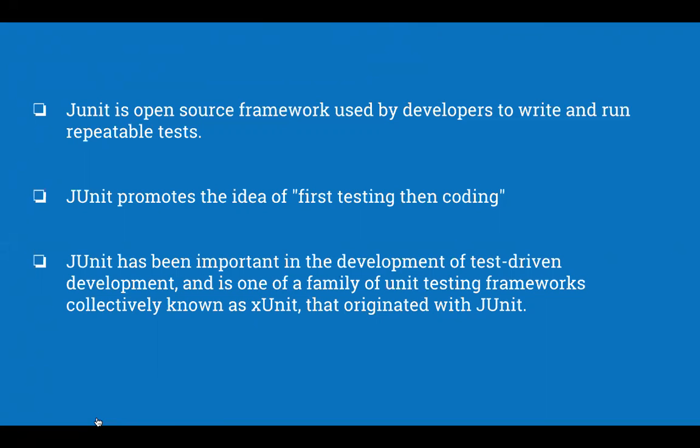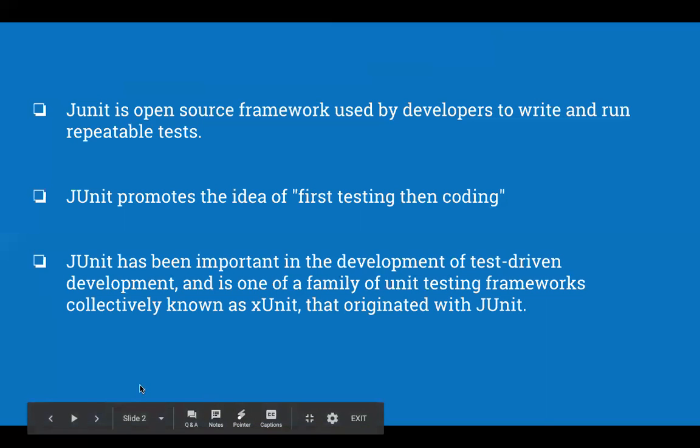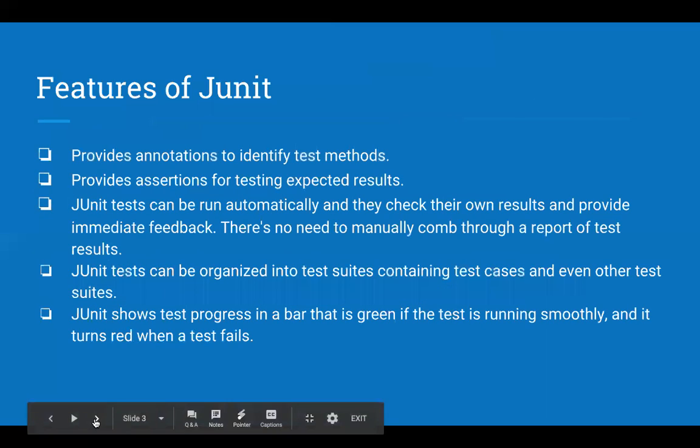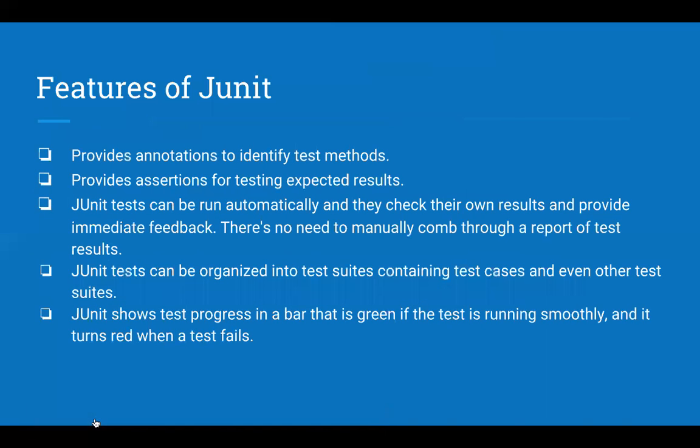And so the great part about JUnit is that it's important to test-driven development. It's one of the families of unit testing inside the framework that we can get with Java. Some of the features of JUnit: it provides annotations to identify the test methods.